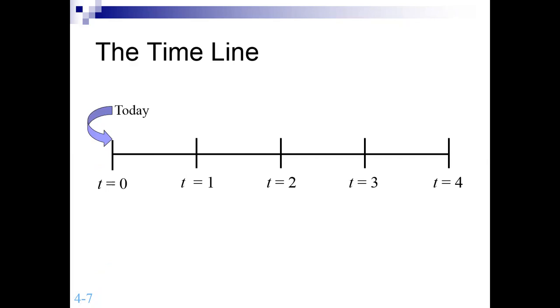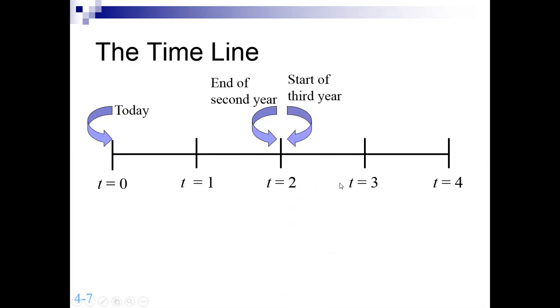If you are moving from 0 to 1, it means that you are moving from time 0 to completion of 1 year. If you are moving here, it means that from time 0 you are moving 2 intervals or 2 years. In a similar way, if you are moving here, this can be taken as the start of the third year, and this can be taken as the end of the third year.